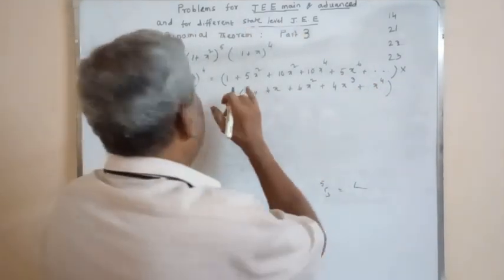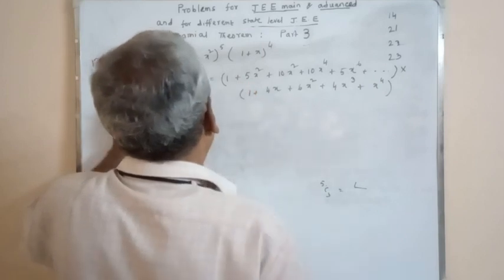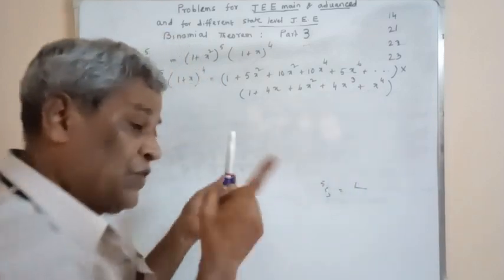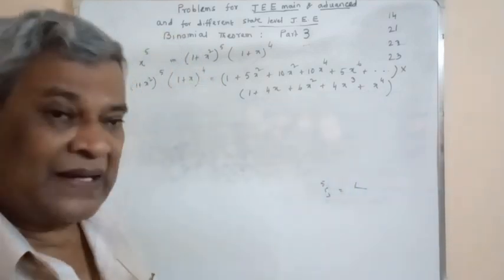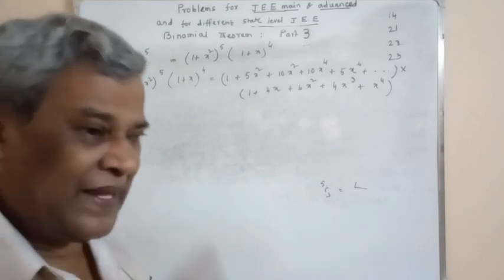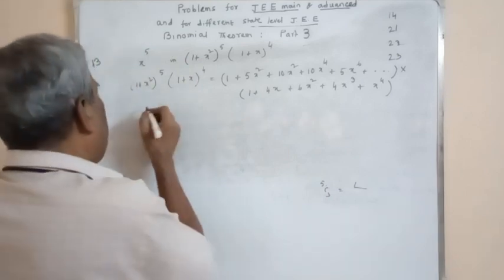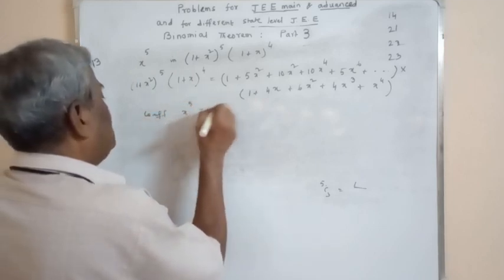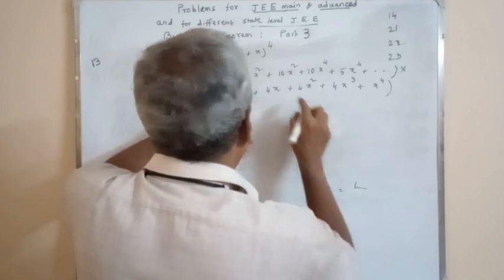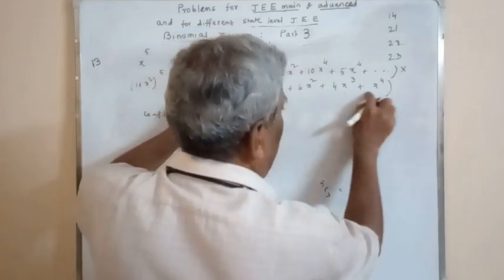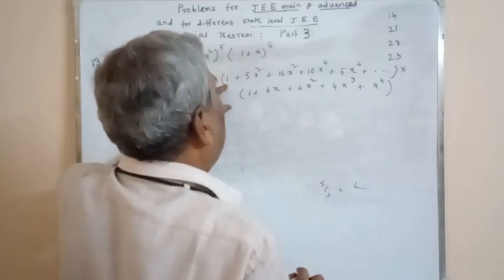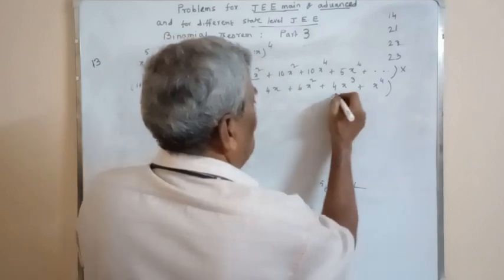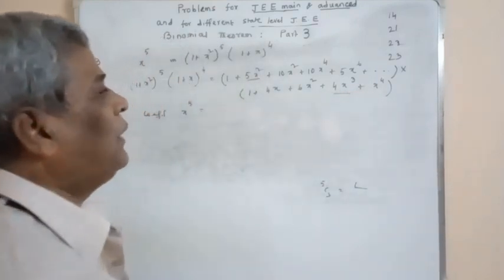Now, actually in that expansion there are 6 terms, and in that expansion there are 5 terms. So 6 into 5, that is 30 terms are there. From there, we have to find the coefficient of x to the power 5. Multiplying this with this, x to the power 5 cannot be obtained.